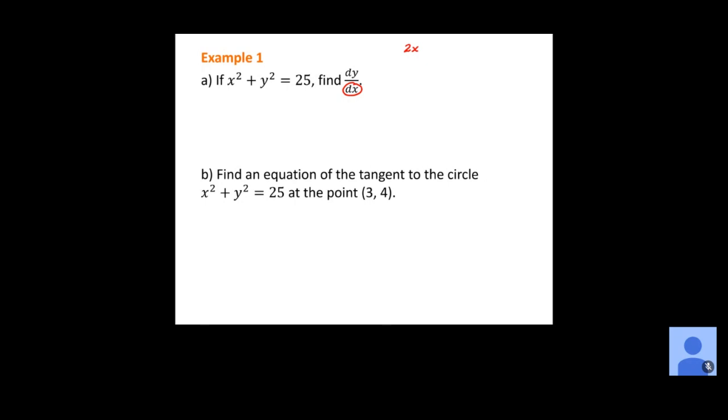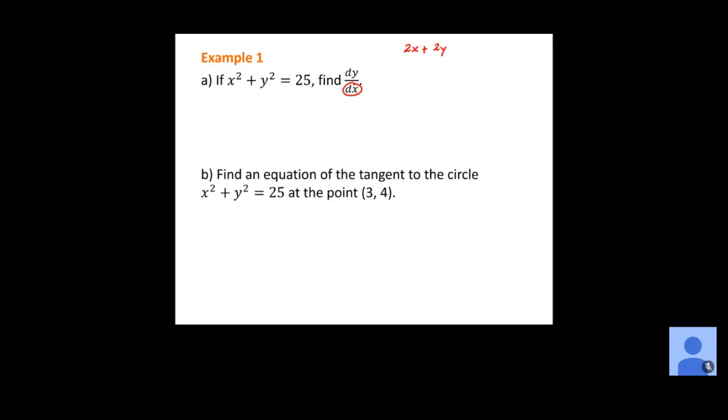Then we have our plus. Now we want to take the derivative of y squared with respect to x. What do you think the derivative of y squared would be? Okay, 2y I agree with, right? We just use our power rule like we always would.